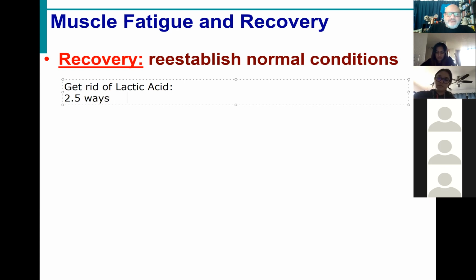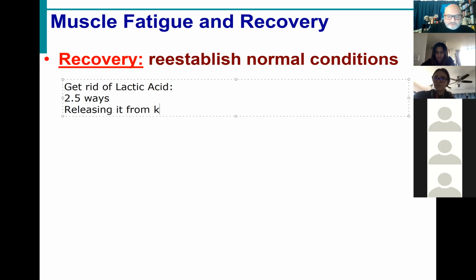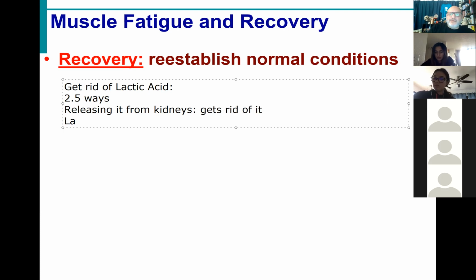One of these ways involves releasing it from our kidneys into our urine. Obviously, that gets it out of the body, but that isn't necessarily the most useful thing to do with it, because lactic acid can be recycled.